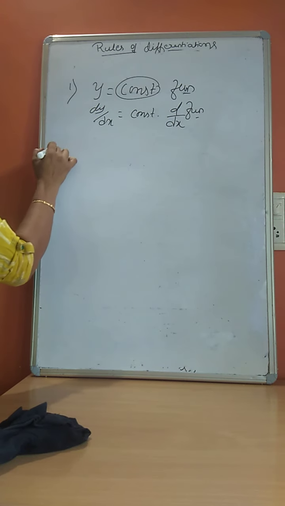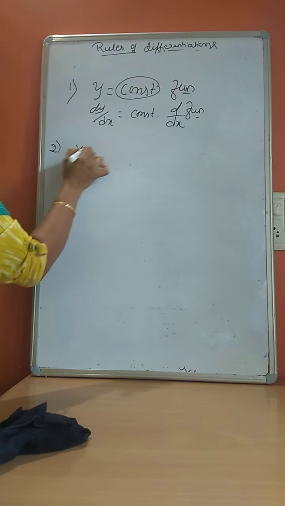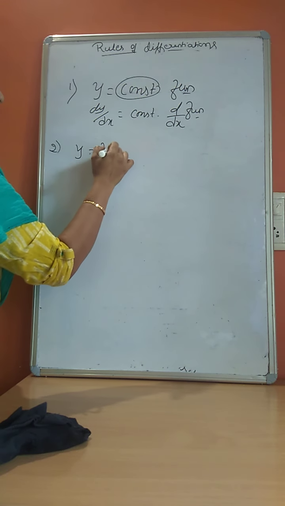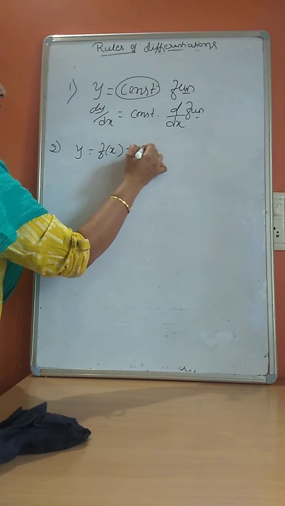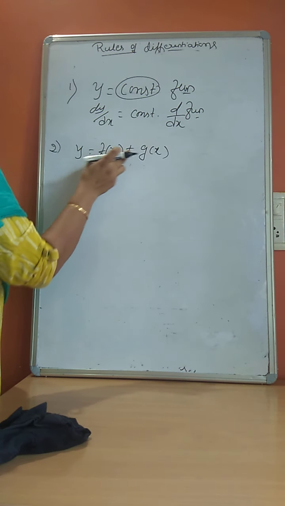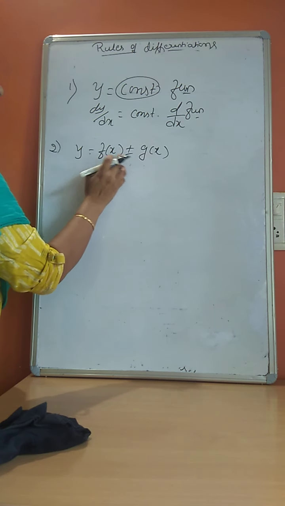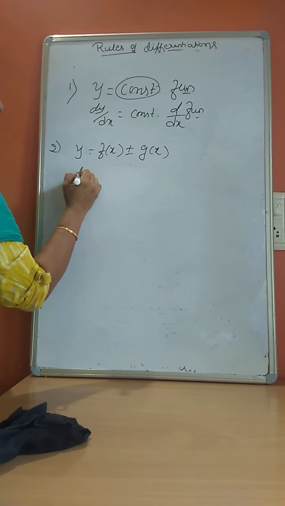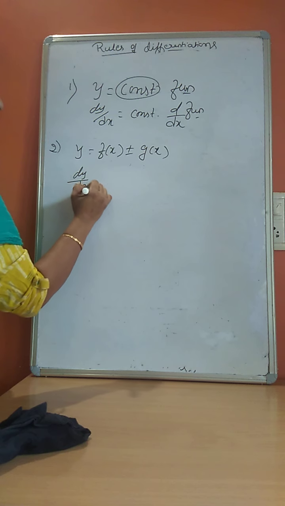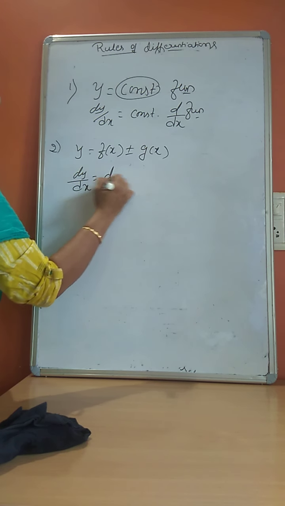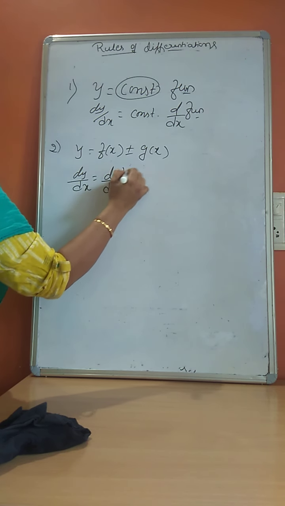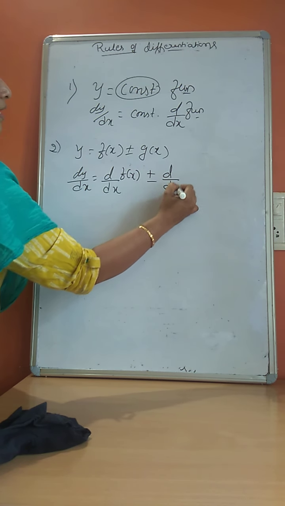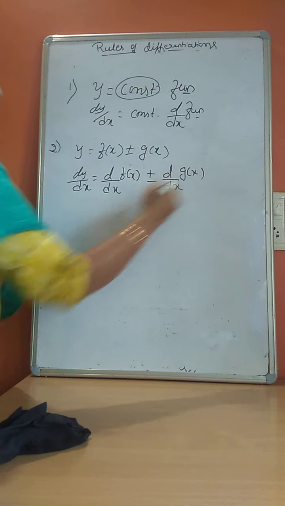Second rule, what is the second rule? y is equal to sum or difference, that is f of x plus or minus g of x. If sum is there, plus sign, if difference is there, minus sign. How to differentiate? That is dy by dx is equal to d by dx of f of x plus or minus d by dx of g of x.